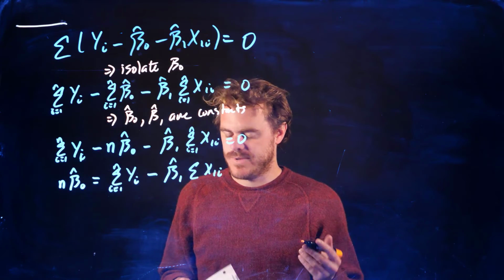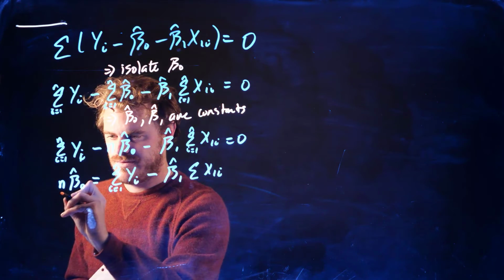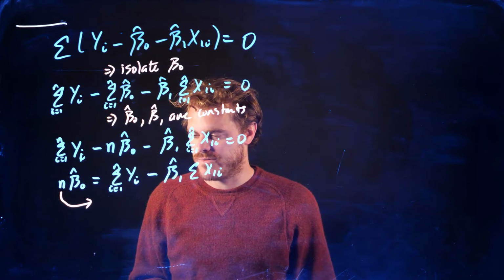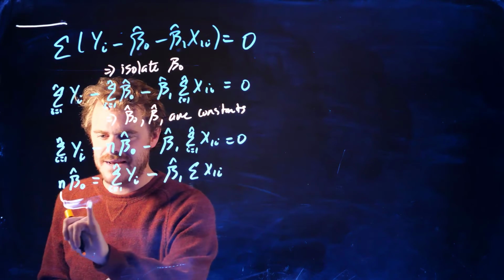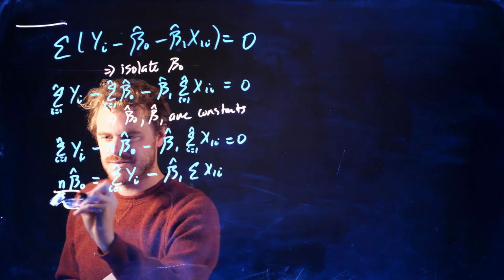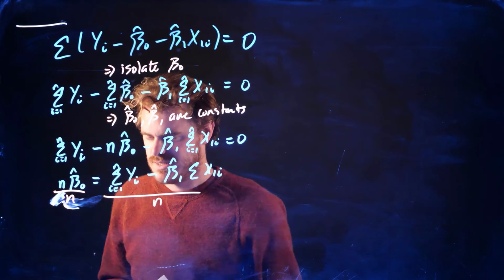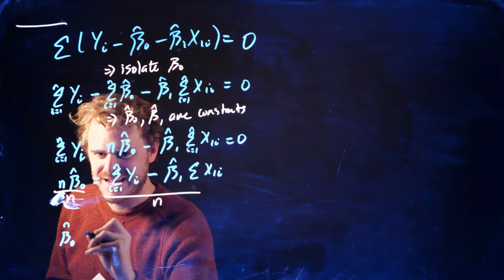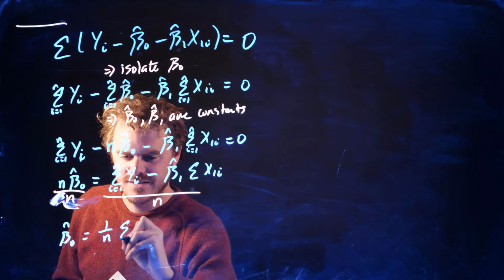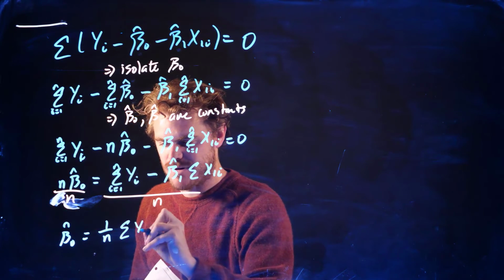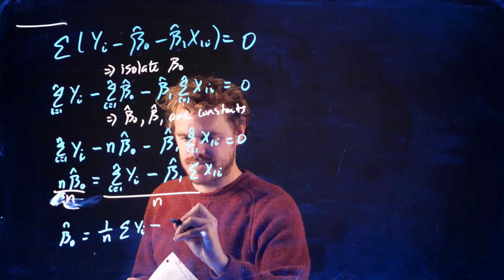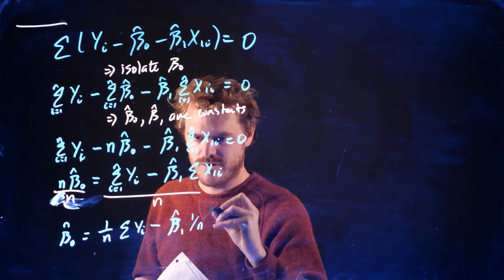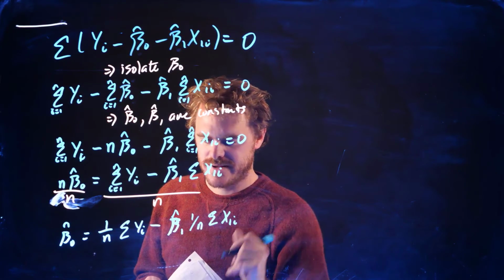Now we can move this over by dividing both sides by n to get rid of it. Then we get beta 0 is 1 over n times the sum of y_i minus beta hat 1 times 1 over n times the sum of x_1i.